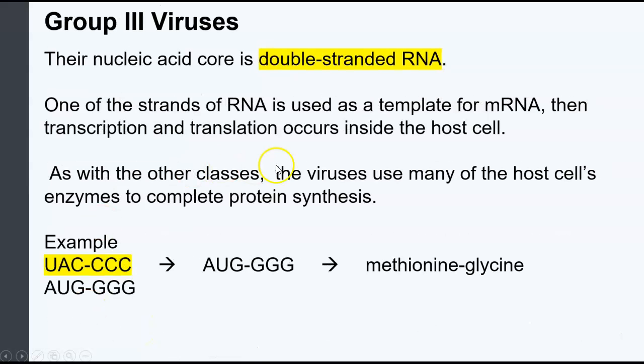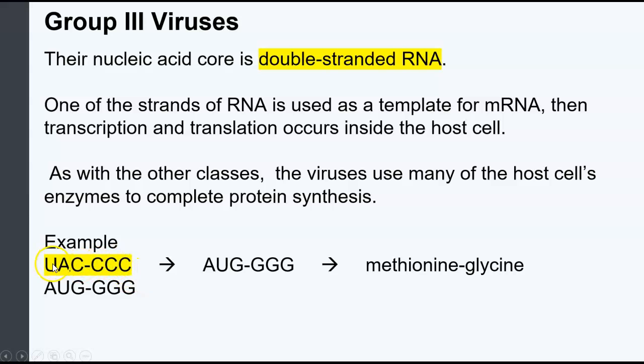Group 3 viruses. Now from group 3, most of the viruses from here on out will be RNA viruses. I think group 7 is a DNA virus. But group 3 viruses have double-stranded RNA. So really, there is very little difference in transcription and translation.